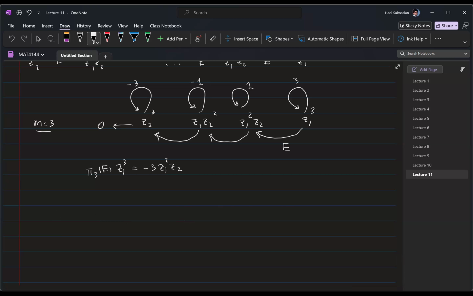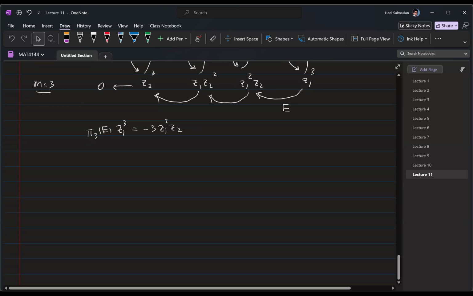Let me explain in simple terms why this integrality should hold. If you had some H eigenvector, so HV equals lambda V, and you apply F to V, let's see what HFV is. I'm just using the Lie algebra relation, the bracket of H and F. HFV is F HV plus the bracket of H and F applied to V. But the bracket of H and F is minus 2F.